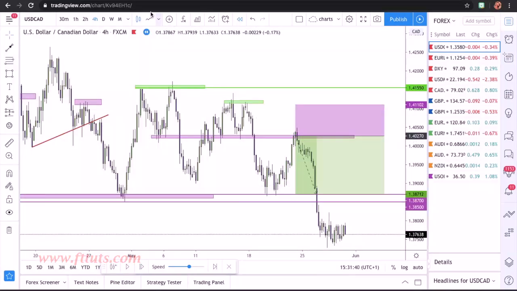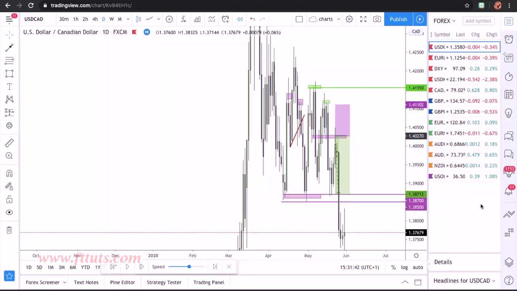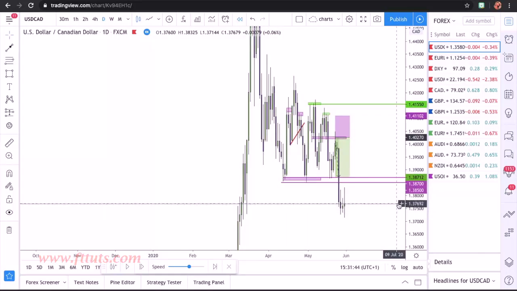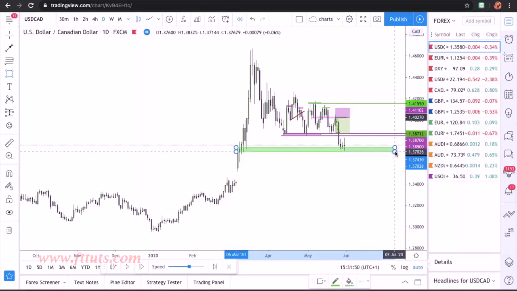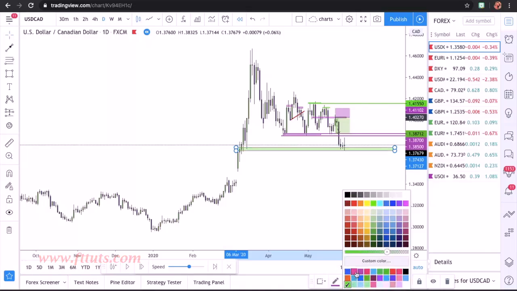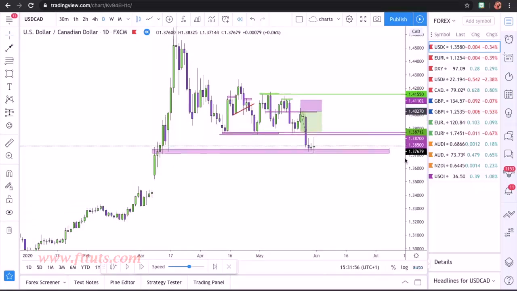Okay, so then we're just looking for another level. So that's when you go in the daily time frame. So we have one in this area. Okay, so it's exhausting right here.